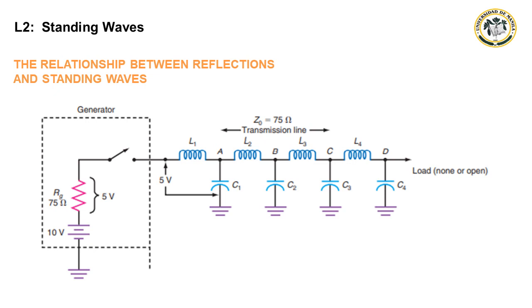Once the signal reaches the right end of the line, a reverse charging effect takes place on the capacitors from right to left. The effect is as if a signal were moving from the output back to the input. This moving charge from right to left is the reflection, or the reflected wave, and the input wave from the generator to the end of the line is the incident wave.